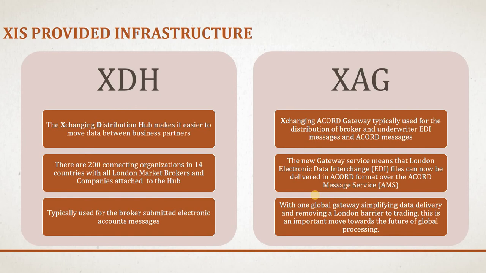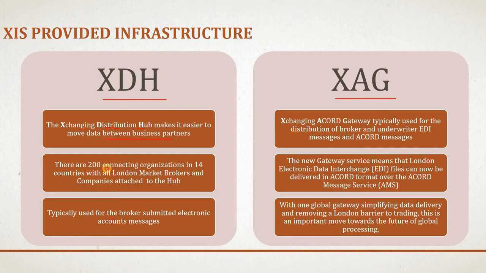Coming back to the two main infrastructures behind the messages, which we call XDH and XAG. We have discussed this in a previous presentation, but let me give you a quick background. The XDH, which stands for Exchanging Distribution Hub, makes it easier to move data between business partners.